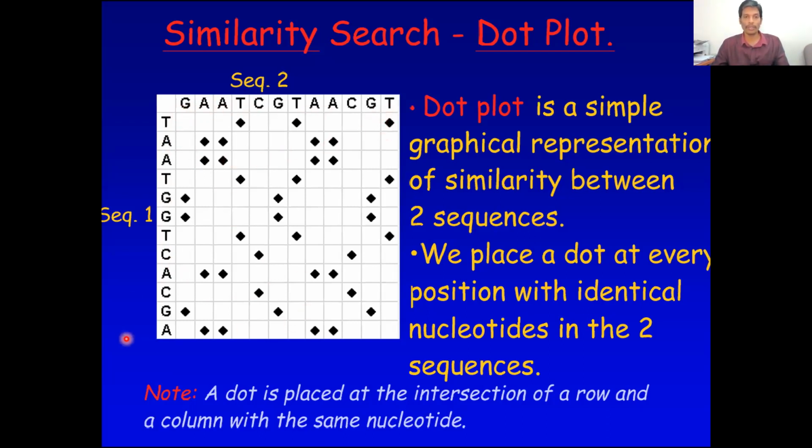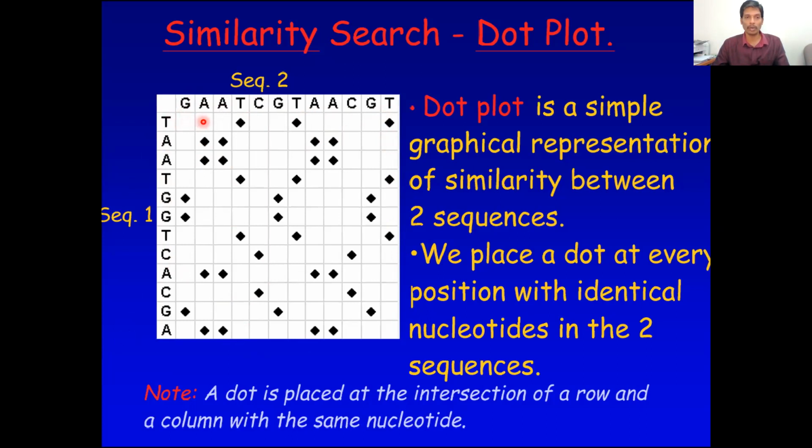And what you are going to do is compare the boxes. What is this box actually trying to compare? G and T. Are G and T similar? No, don't put a dot.